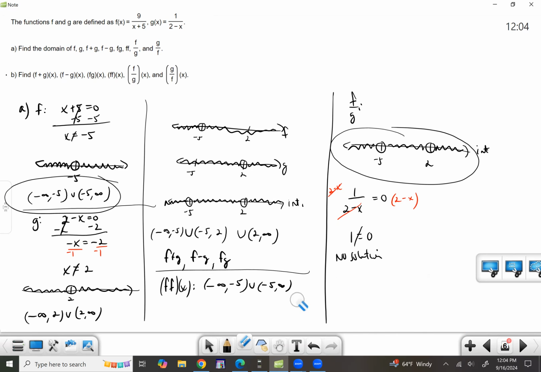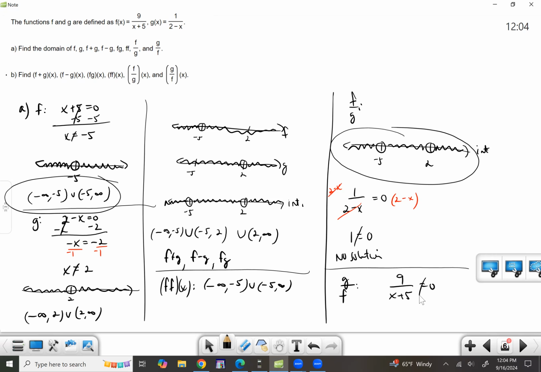The reason why I'm pointing that out is check out the other way around. g divided by f, well, if I were to set f equal to 0, so here's f, I claim there's no way this is going to be 0. The only way to get 0 out of a fraction is if the top is 0. And the top is not 0, it's 9.